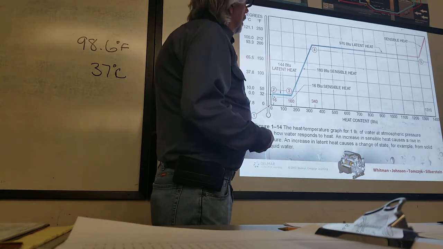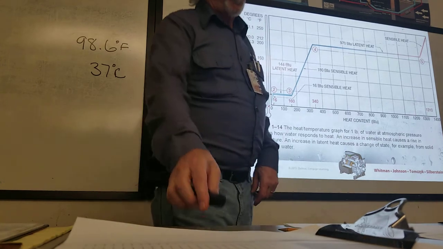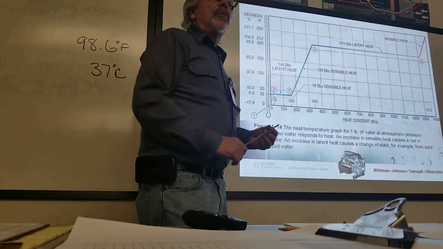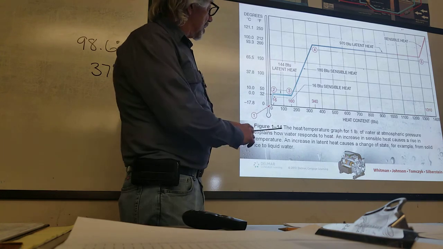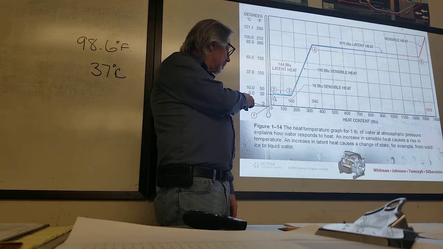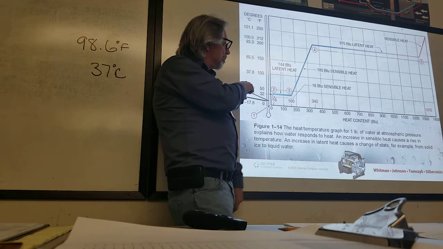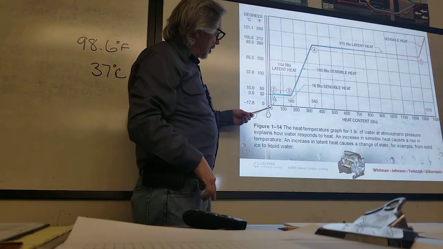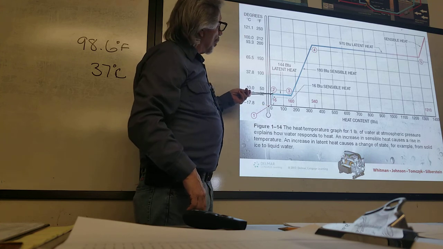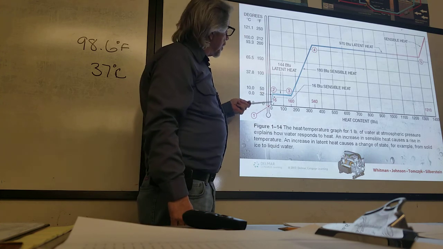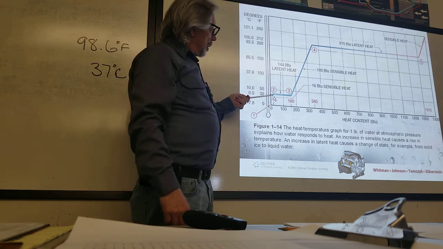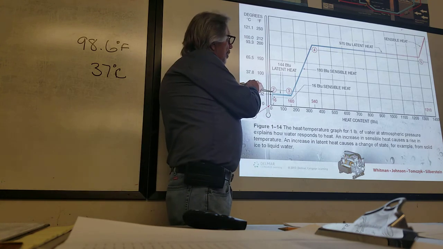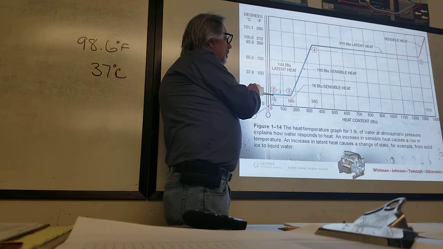Okay, this is your chart, and this chart is 1 pound of water. You can see where it starts here at 0 degrees. This is Fahrenheit, and this is BTUs going that way. So we're starting off at 0, raising the ice temperature from 0 to 32. Once it reaches 32, we're adding the latent heat.